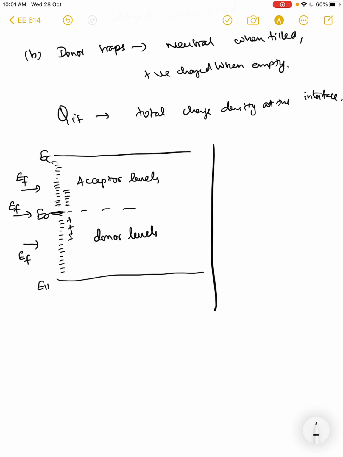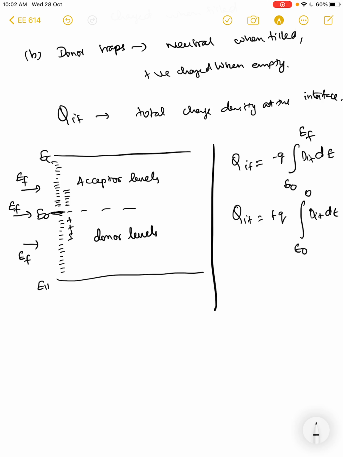Under these situations, your net charge at the interface can be written as minus Q times the integral from E naught to EF of DIT dE. DIT is the density of traps, as we saw before. From E naught to EF, you have a negative charge, and you have the integral from EF to E naught of DIT dE if EF is lesser than E naught, and the first equation is used if EF is greater than E naught, right?